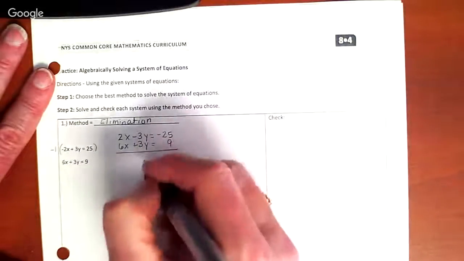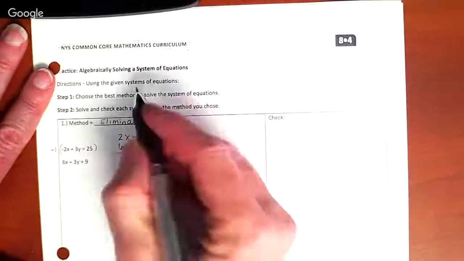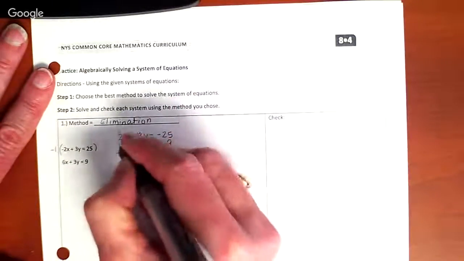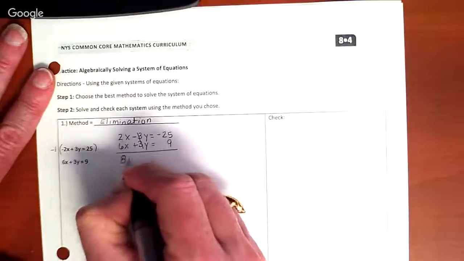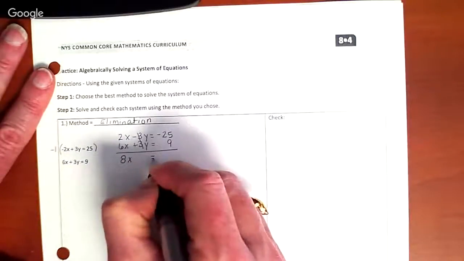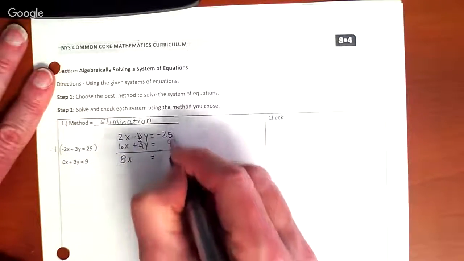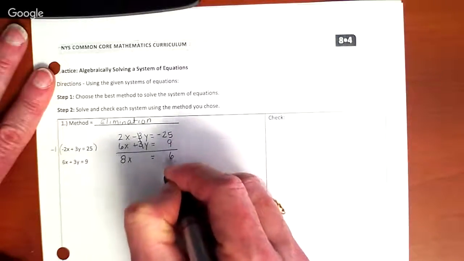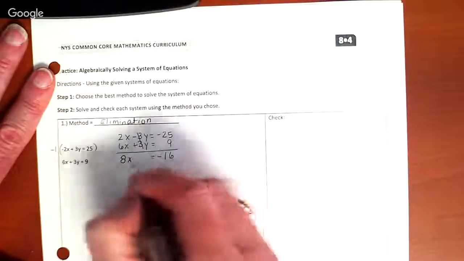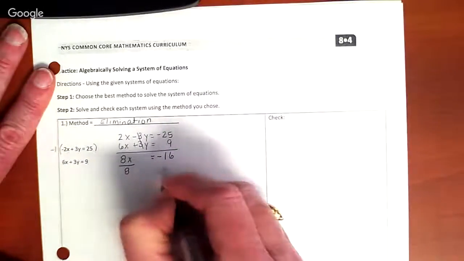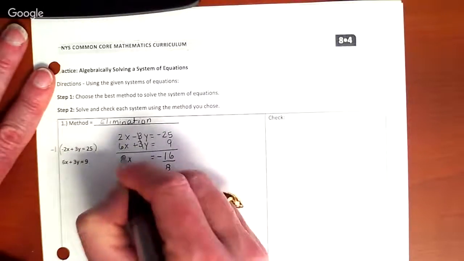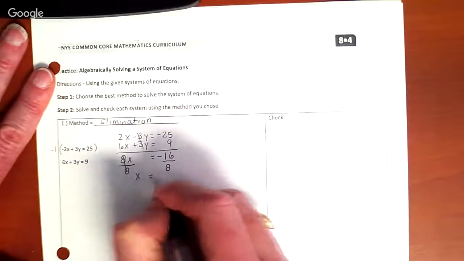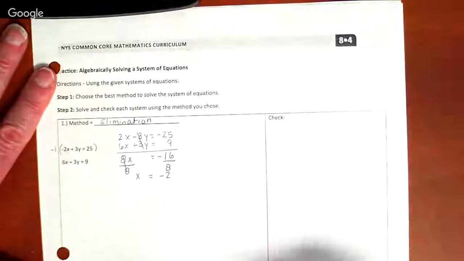So when I add them together, this is gone, I have 8x equaling, well, subtracting these two, -16. So divide both sides by 8. I have x equals -2.